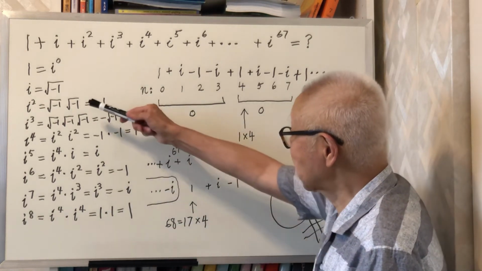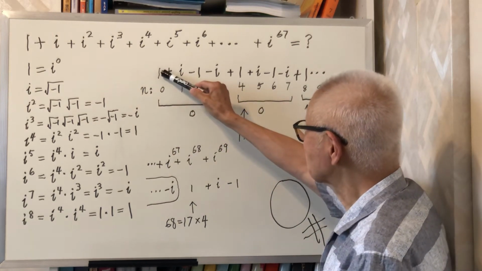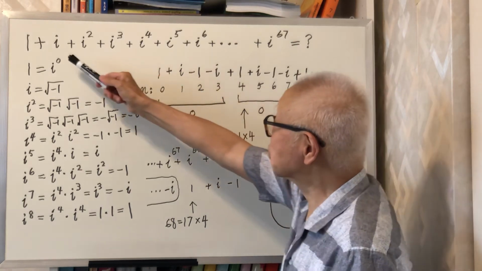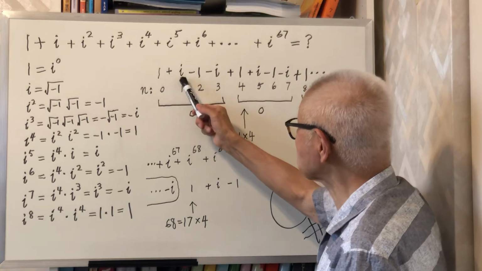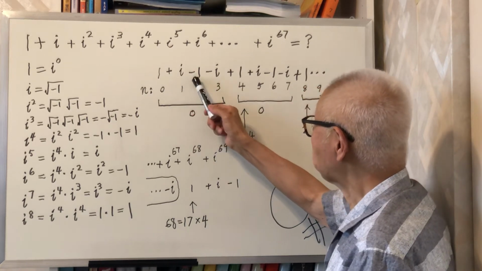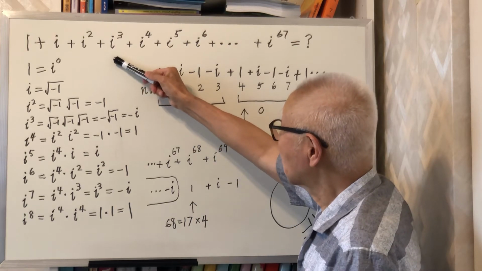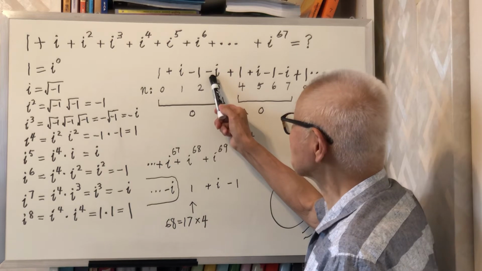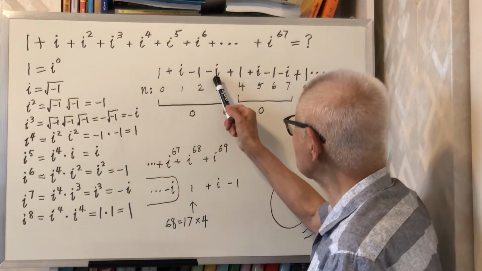So let's put the answers here below this line. This thing, 1 plus i squared and so on, is 1 plus i minus 1, because i squared is -1. Then this is i cubed, and i cubed is minus i.